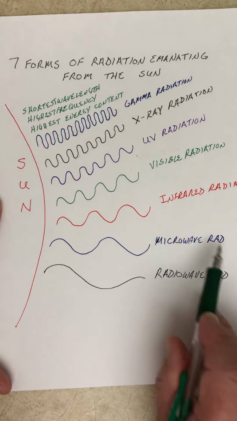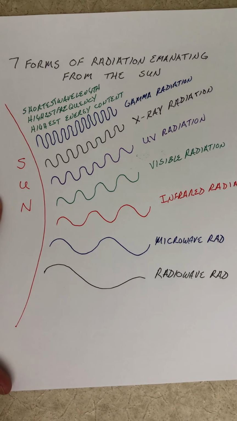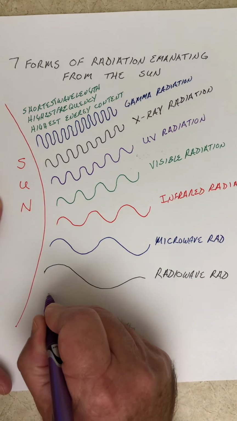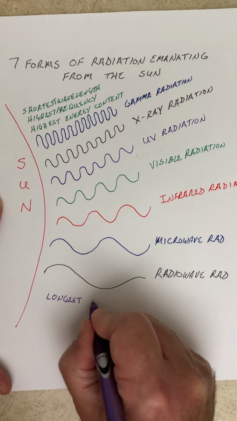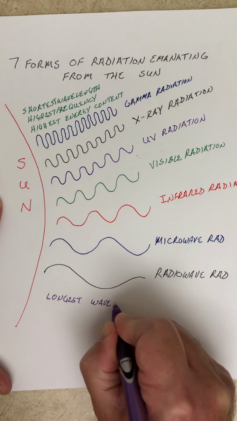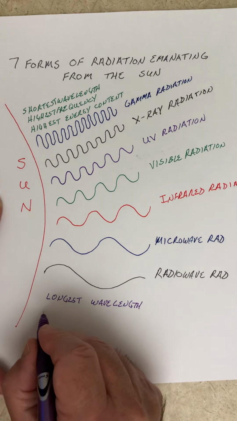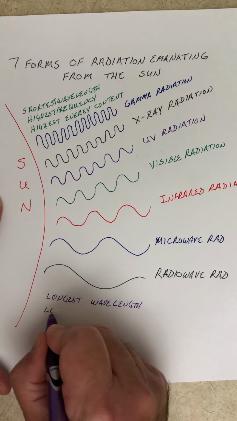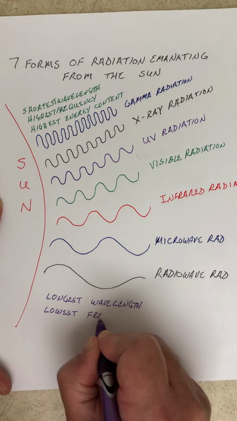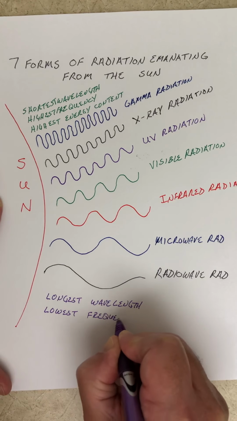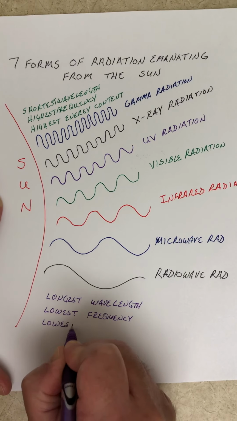Let's see, the microwaves and the radio waves down here. These have the longest wavelengths. Having the longest wavelengths, they have the lowest frequency. And having the lowest frequency, these have the lowest energy content.